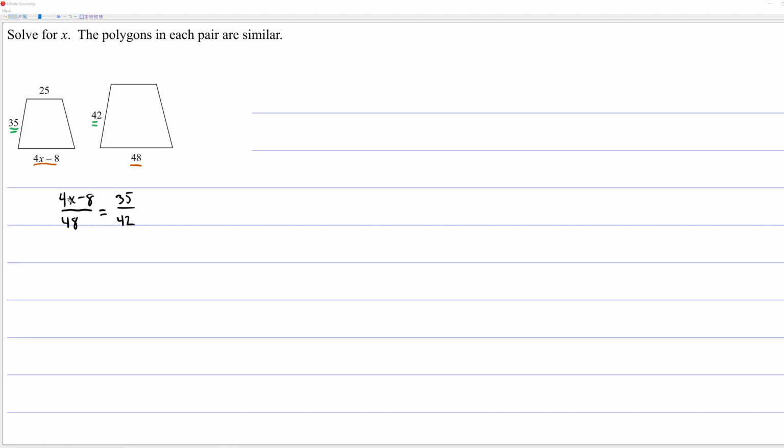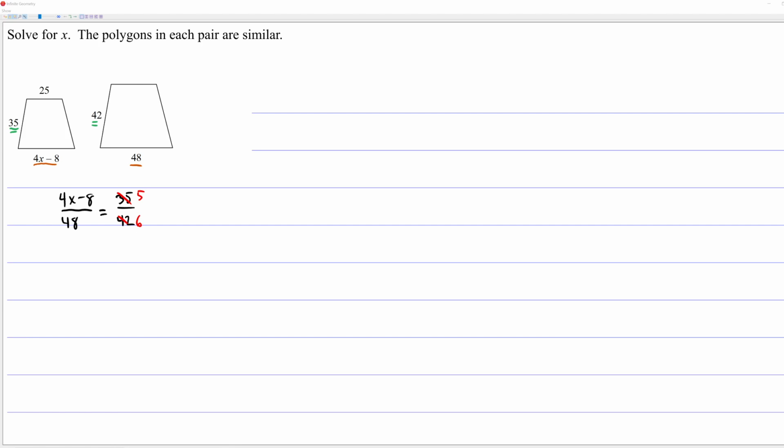Now you could start just solving this equation if you wanted to. However, one smart idea would be to see if you can simplify anything first. So for example, on the right hand side, both of these numbers are multiples of 7. So let's see, 35 divided by 7 is 5, 42 divided by 7 is 6.